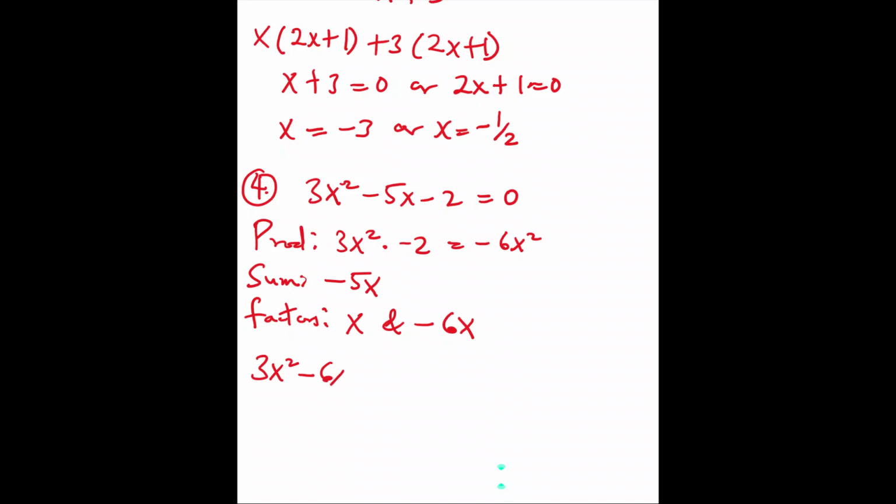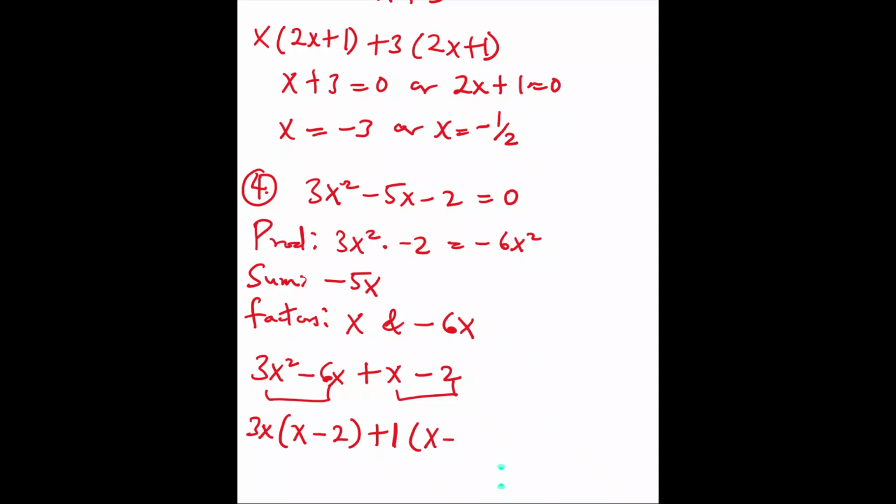Okay, so we have 3x squared minus 6x plus x minus 2. So let's separate it. So 3x is common between 3x squared and minus 6x. So 3x squared divided by 3x is x, okay? And minus 6x divided by 3x is minus 2, okay? Plus the common term between x and minus 2 is 1.